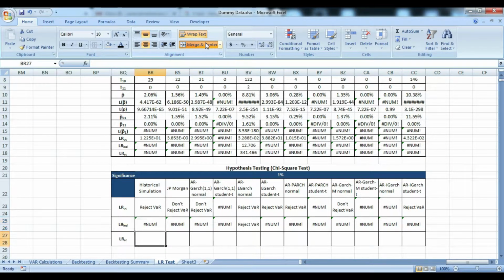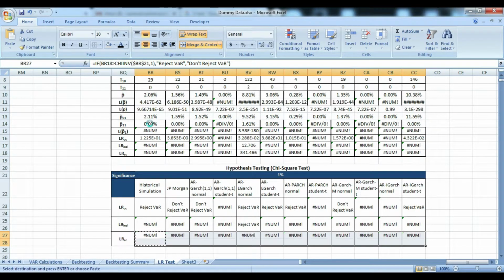And the last one, the LRCC. Let's see what this test says. Okay, the LRCC. We'll drag this. So this is also saying reject VaR at all levels.